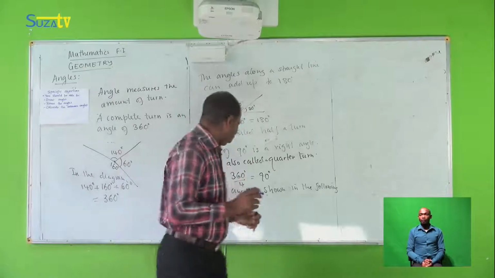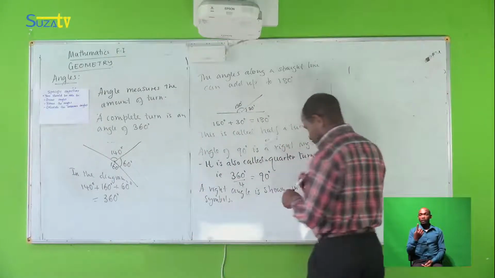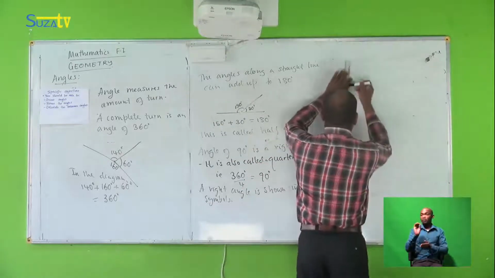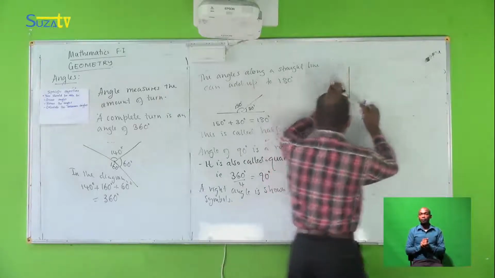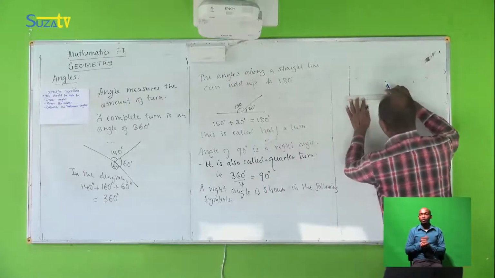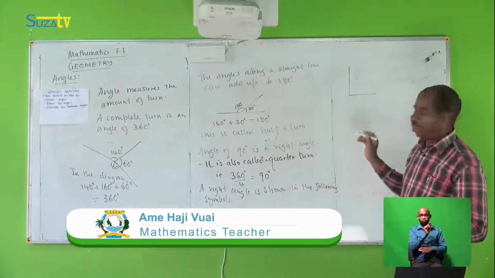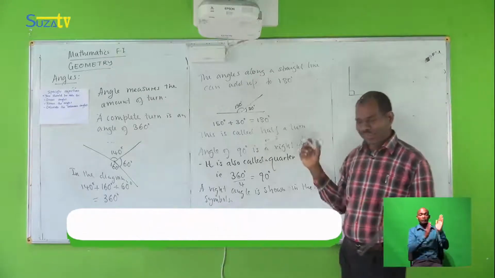One of the symbols representing 90 degrees is this symbol. You see the symbol? It's like the letter L. So this is a right angle.